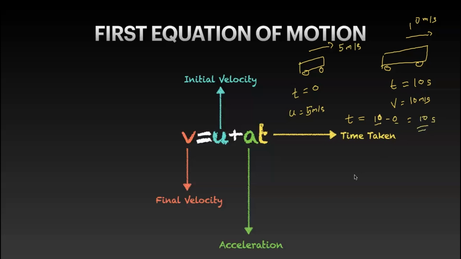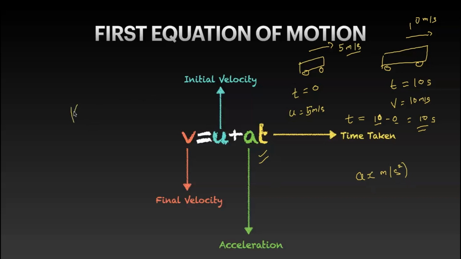So this is t, and acceleration is what you can calculate using this equation. Clear? Done. So acceleration here you'll get in terms of meter per second square. Generally in questions you will get the units of velocity as meter per second and for acceleration as meter per second square. But it can be anything.